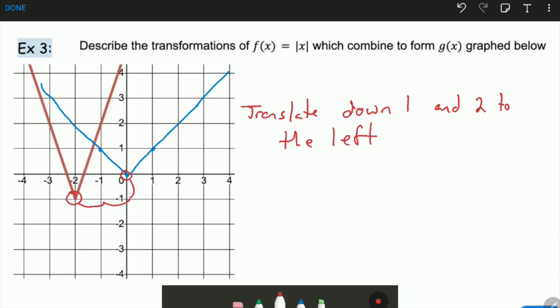So that's my translations. There is no reflection. It's still a V shape going up in the upwards direction. So no reflections. But it does look like there's a dilation because it's no longer as fat of a V shape that it was. So it dilated.